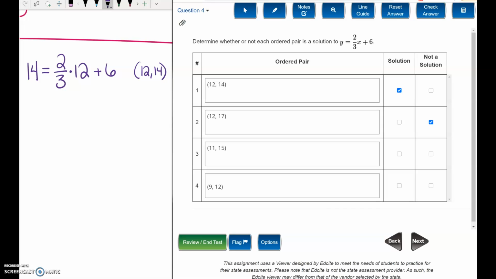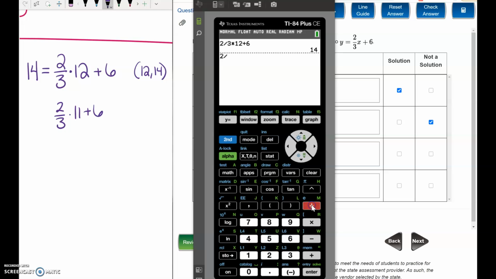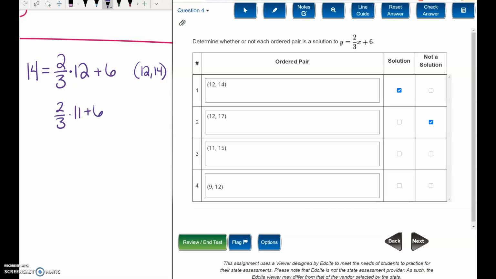Then we need to plug in 11. So 2/3 times 11 plus 6. Where's my calculator? 2/3 times 11 plus 6. I get a decimal. Is the y value of this point a decimal? It is not. So that is not a solution.